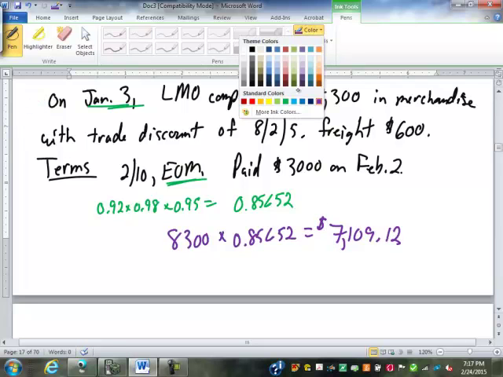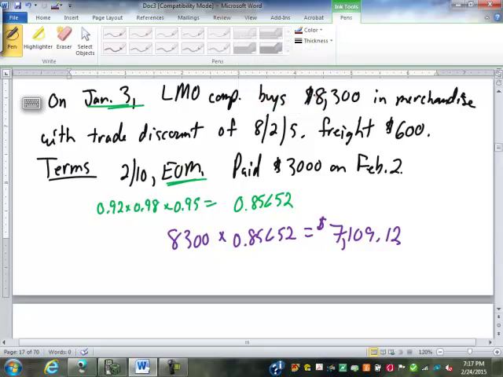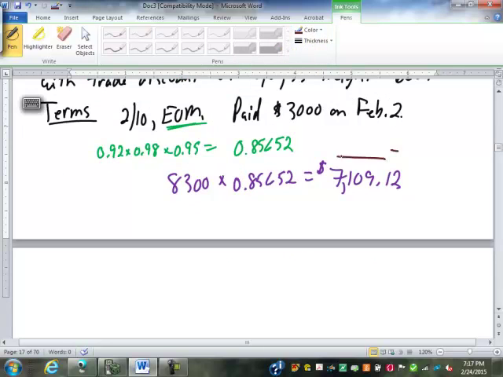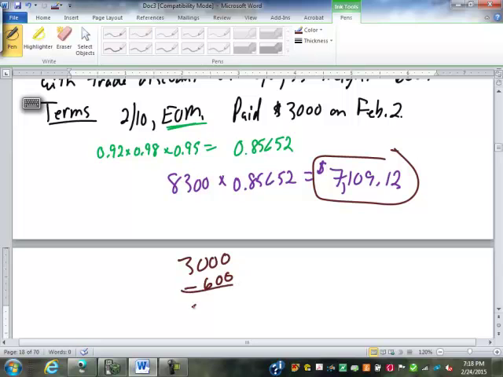And then, okay, so that's our invoiced amount. Now we take our 3,000 payment minus the 600 for the prepaid freight, so we get a credit of 2,400 that's going to be applied towards the invoice. And then divided by 0.98, which is 2,448.98.